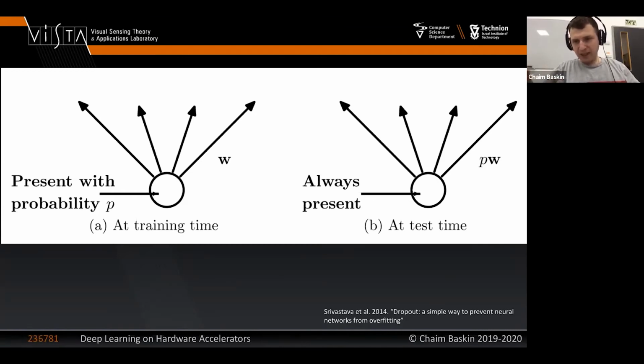So again, this is not a typo. We are not changing the number of passes, but we are changing the magnitude. So we are using the P for normalization so that we will have the same magnitude of distribution. Okay?